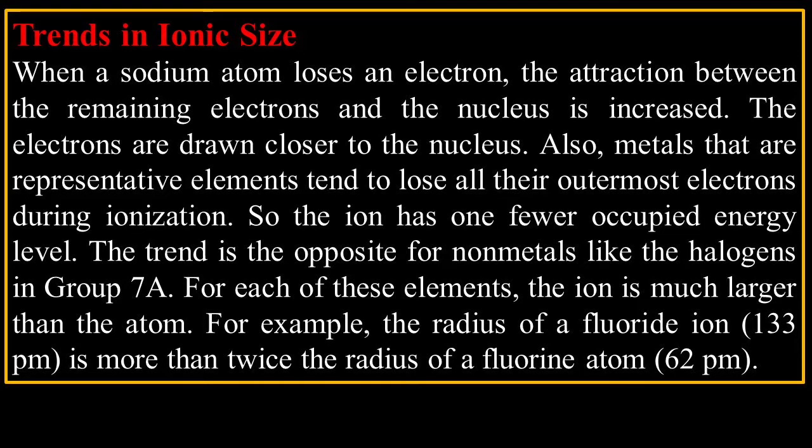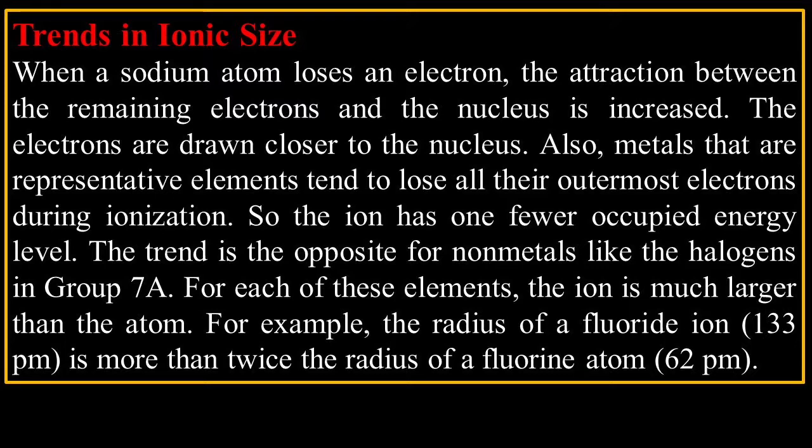When a sodium atom loses an electron, the attraction between the remaining electrons and the nucleus is increased. The electrons are drawn closer to the nucleus. Also, metals that are representative elements tend to lose all their outermost electrons during ionization. So the ion has one fewer occupied energy level.